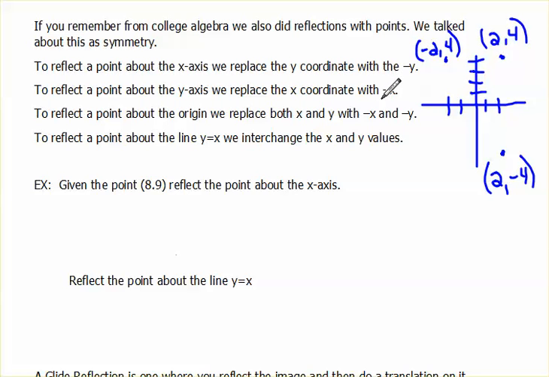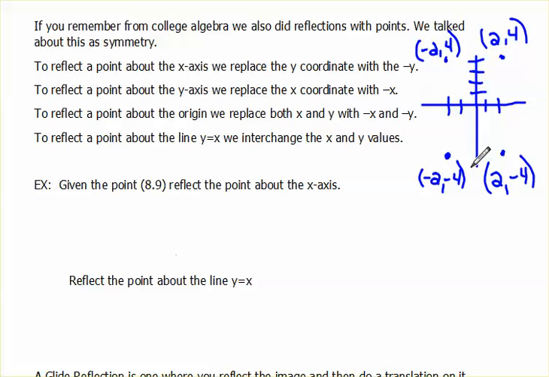It means the opposite of whatever the x value was. And then finally, to reflect a point about the origin, if I were going to flip this across the origin, that would put me right about here. And then that point would be negative 2, negative 4. Notice I've changed the signs of both the x and the y.